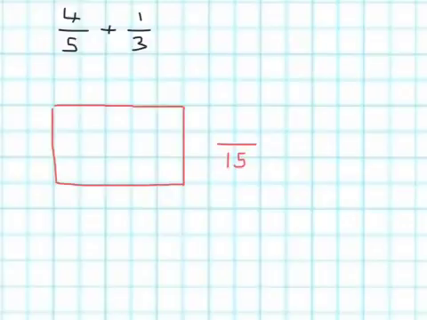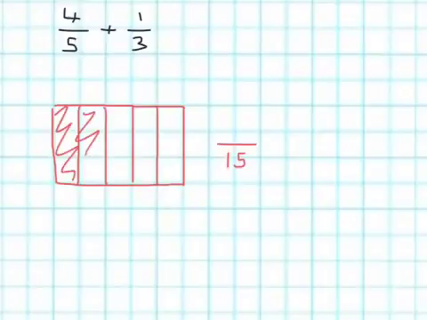We should now be able to use that rectangle to work out 4/5 as 15ths. So if we divide our diagram into 5 pieces, this represents the fifths, and we shade in 1, 2, 3, 4/5.